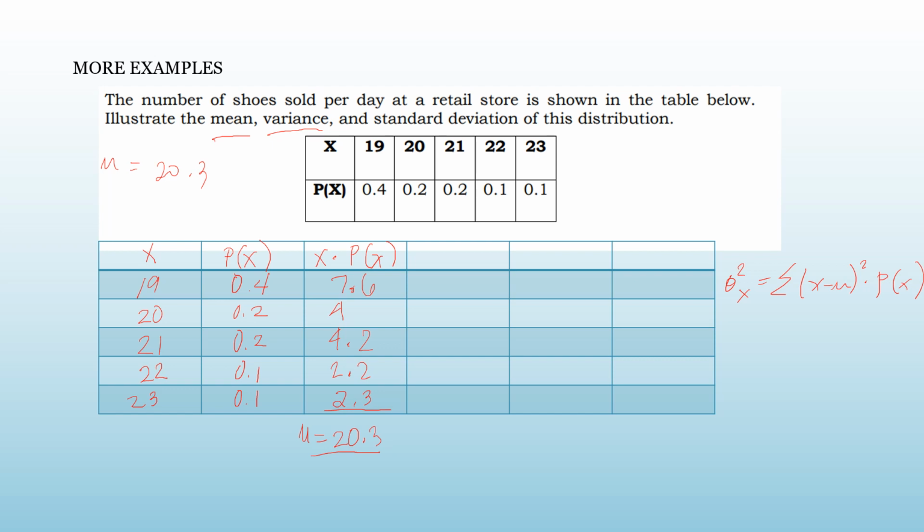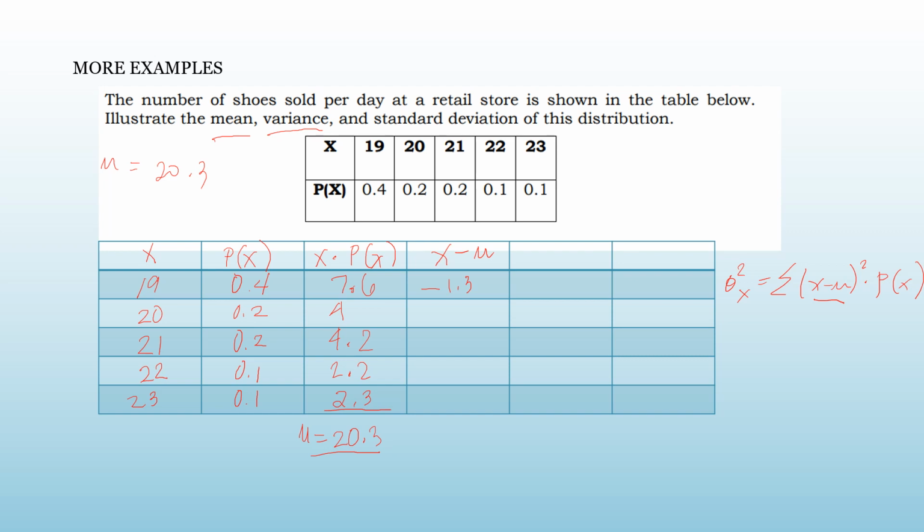So we will have the next step to find the difference of x minus mean. You can use a calculator to lessen your error. 19 minus 20.3 is equal to negative 1.3.